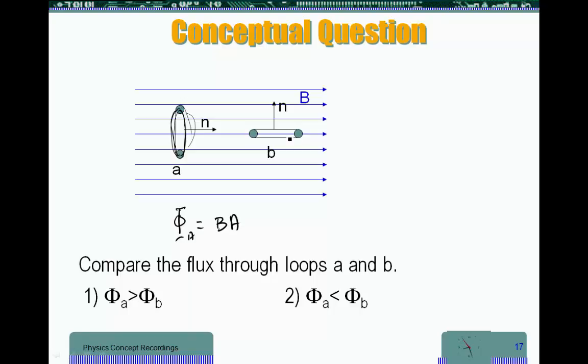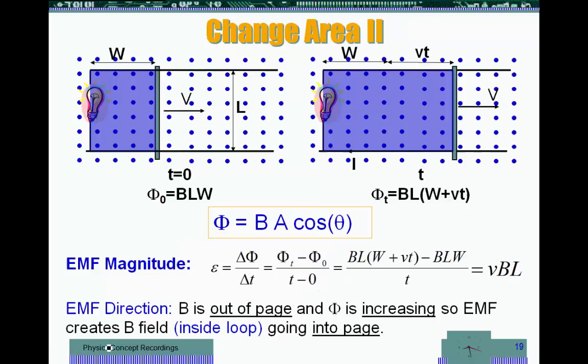Now, however, for loop B, the normal is perpendicular to B, or the area of the loop is parallel to B. None of these lines are moving through that loop. So the flux is 0. So this tells us that we have a bigger flux there.